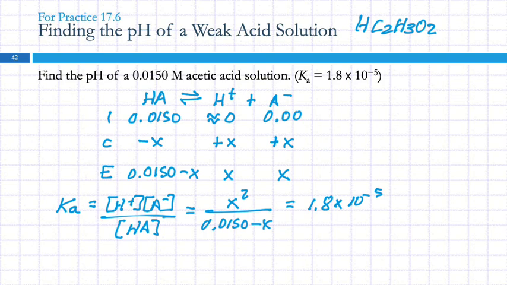So if we do x is small, then we have x squared over 0.0150 is equal to 1.8 times 10 to the minus 5.